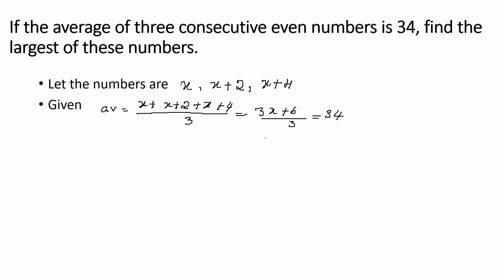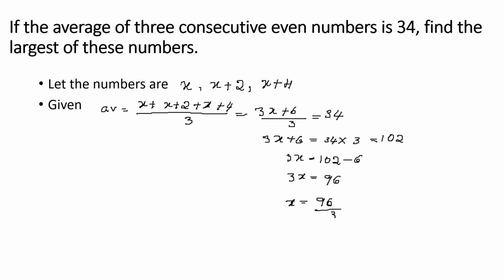Or we can say 3x plus 6 is equal to 34 into 3, which is equal to 102. Or 3x is equal to 102 minus 6, 3x is equal to 96, or x is equal to 96 divided by 3, which is equal to 32.